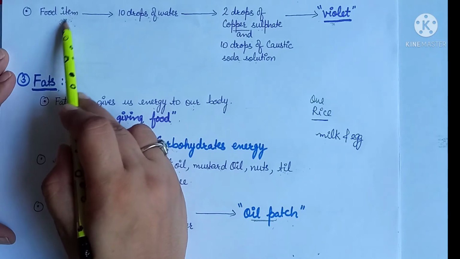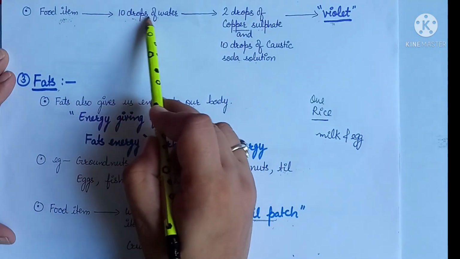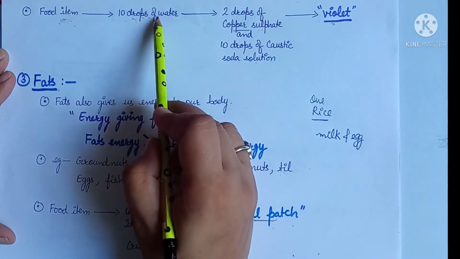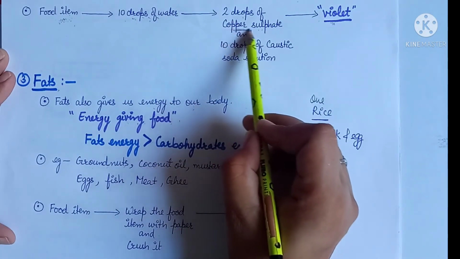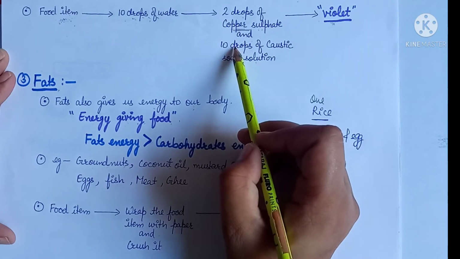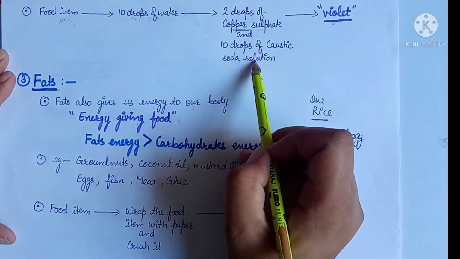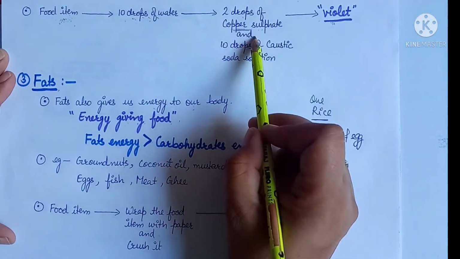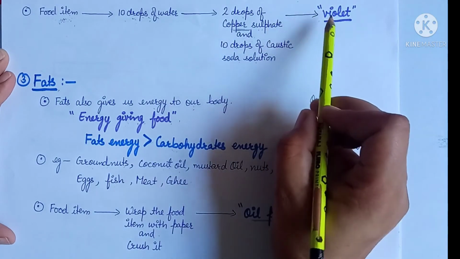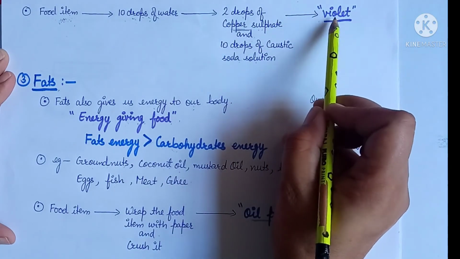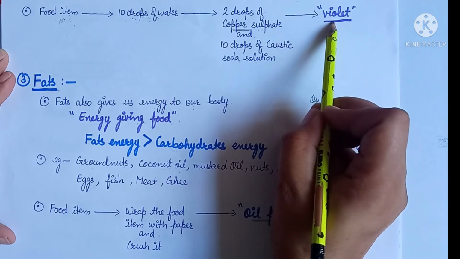After making paste, add 10 drops of water in it. Shake the test tube properly. Add 2 drops of copper sulfate solution and 10 drops of caustic soda solution. Wait for a few minutes. After that, if the color changes into violet, the violet color indicates the presence of protein in it.